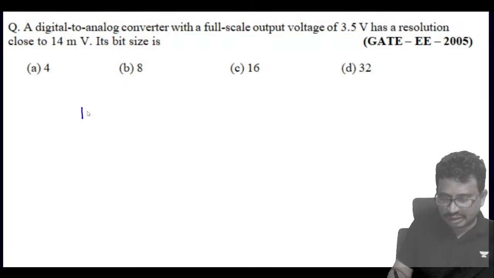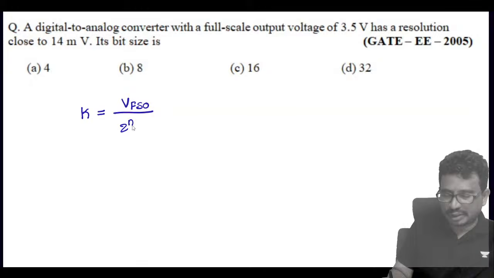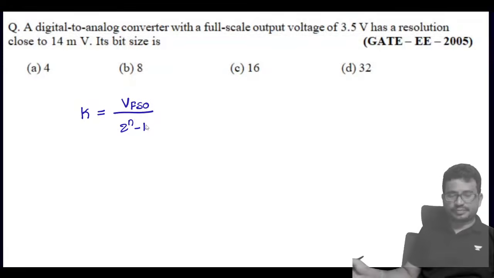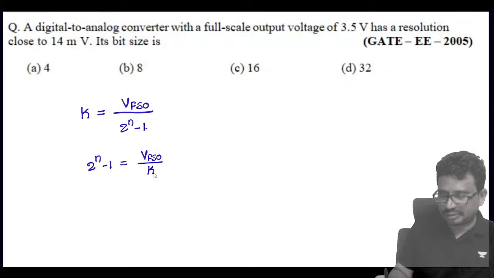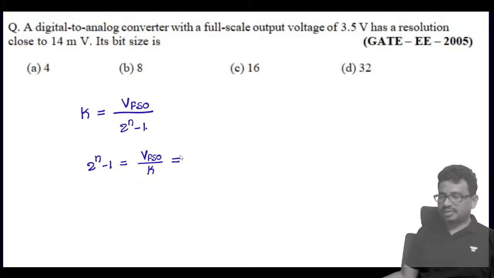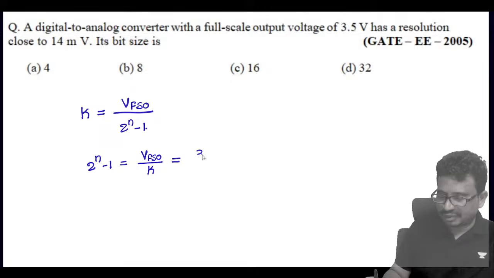Now tell me, basically the resolution is given as full scale output by 2 power n minus 1. So 2 power n minus 1 is equal to full scale output voltage by the resolution. How much is the full scale output? They gave us 3.5 by 14 into 10 power minus 3.